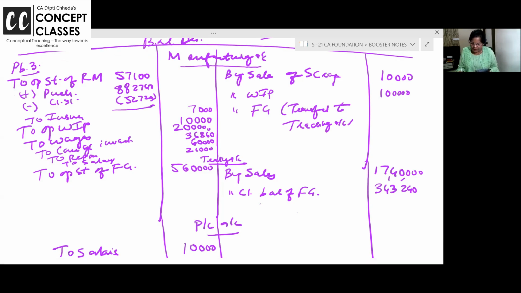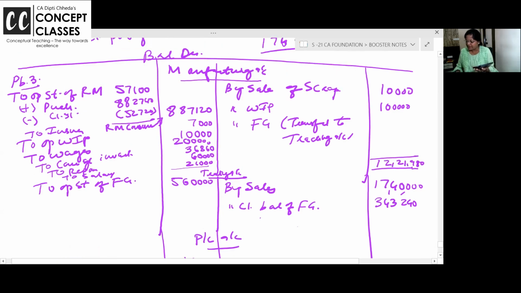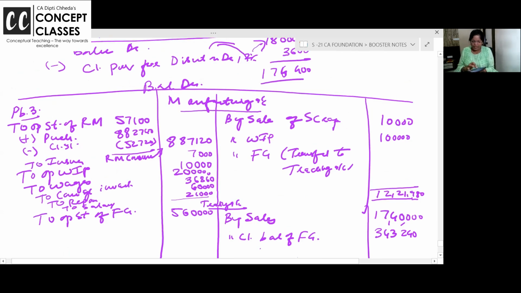Raw material consumed is coming 887,120. 887,120 plus 7,000 plus 10,000 plus 2 lakh plus 36,860 plus 60,000 plus 21,000 gives 12,21,980.